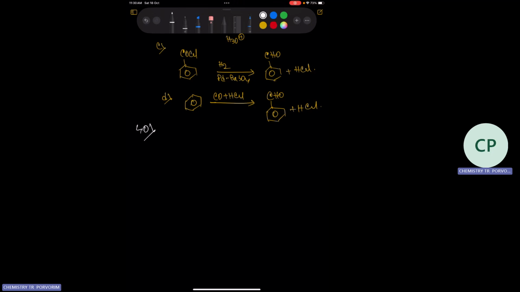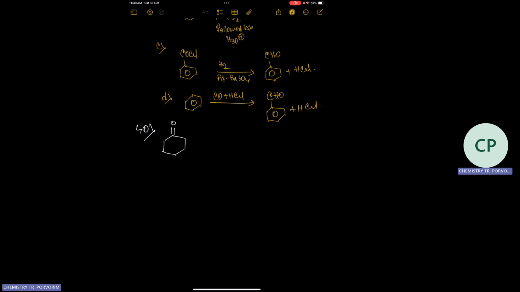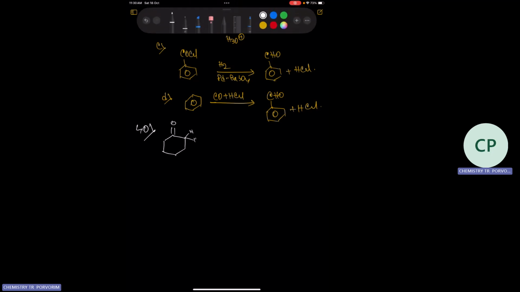So the last question is 40. Which is the product formed when cyclohexanone undergoes aldol condensation? This is cyclohexanone. Self-aldol condensation can happen, right? There are two alpha carbons, and you can take either side. This is an alpha carbon, and this is also an alpha carbon.